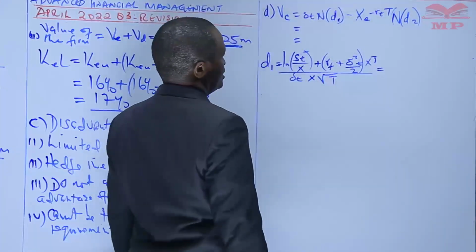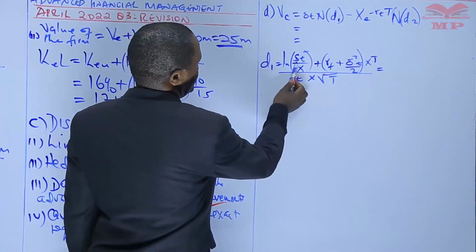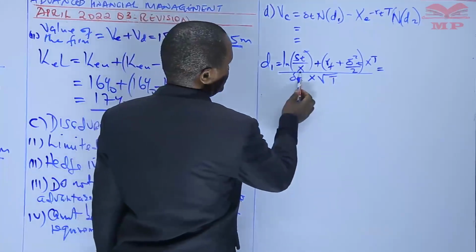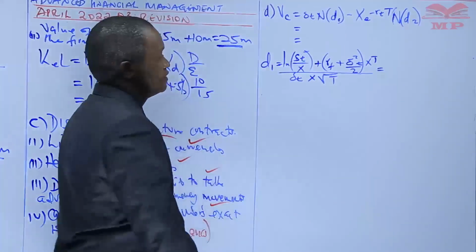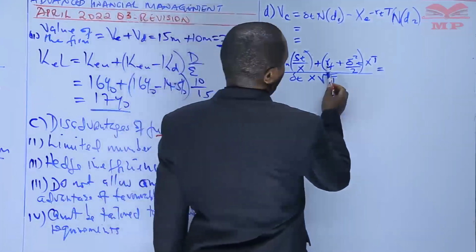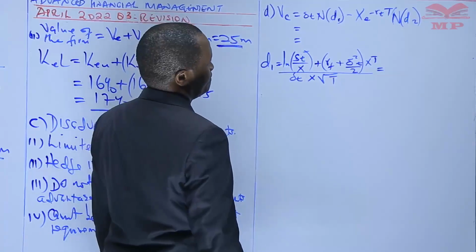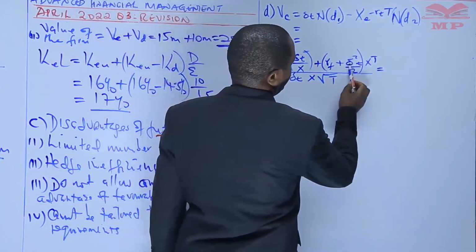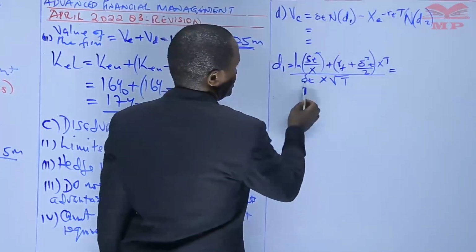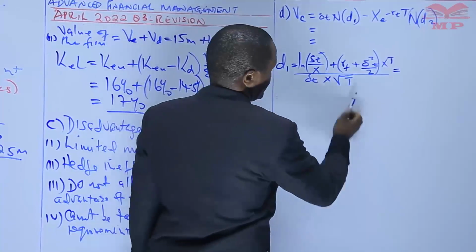So, candidates, ST is the underlying asset price, X is the exercise price or the strike price, RF is the risk-free rate, this is the variance, T is the time, this is the standard deviation, and that is the square root of time.